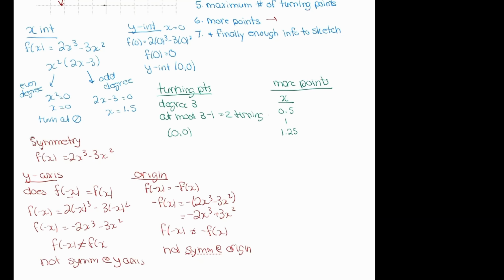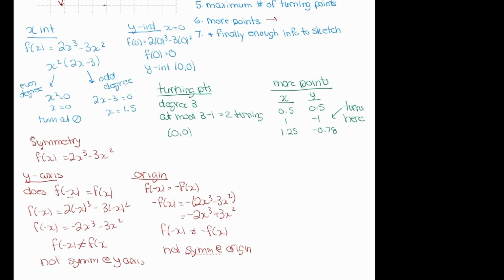That's getting closer and closer to 1.5 from the 0 side. When I fill in for my function, I get y values of 0.5, negative 1, and negative 0.78. This is telling me that this turns here.